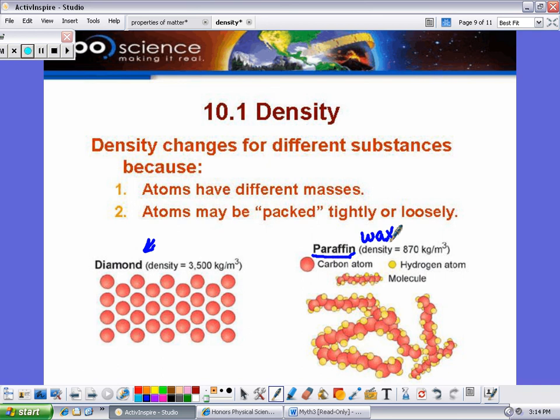You find this used to make candles and stuff like that. Those of you who have braces use it to protect your mouth inside. Very flexible, so the density is very low, which allows it to be moldable. Okay. So the molecular shape will determine the density of it.